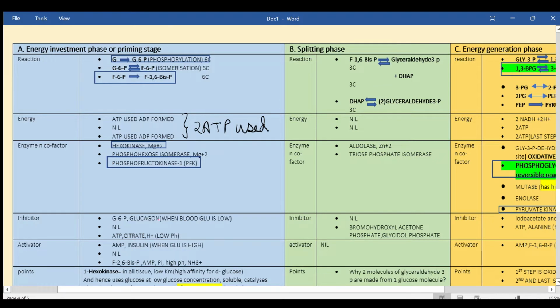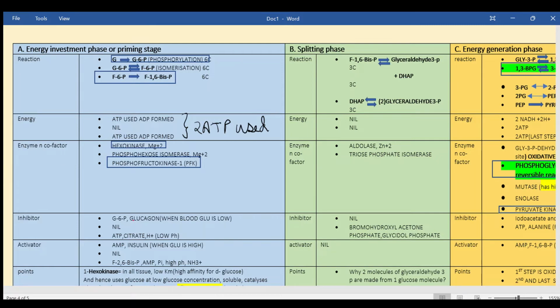And if you have any idea about glucagon, you can definitely understand the use of glucagon. But if you don't know about glucagon, let me tell you, glucagon is an enzyme that is released from the beta cells of pancreas, and glucagon functions when blood glucose level is less in your body.